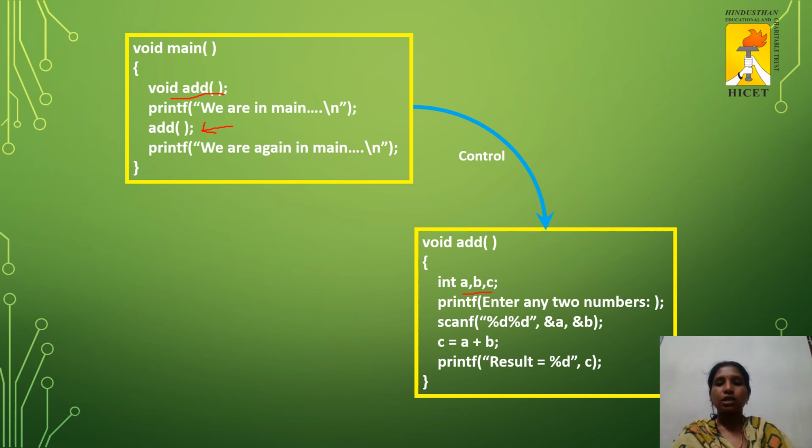Once the result is printed in this function definition, the control will go back to the function call, that is, the control will return to the main program itself.